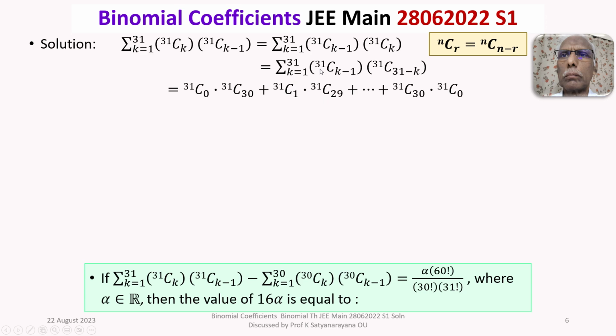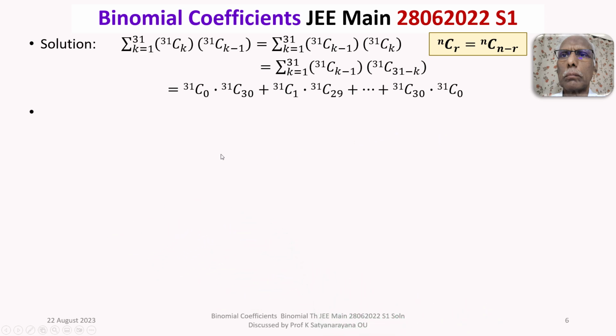When you put k equals 31, 31C30 multiplied by 31C(31-31), that is 31C0. So that's what we got. So the summation of the product of the binomial coefficients is now written like this.